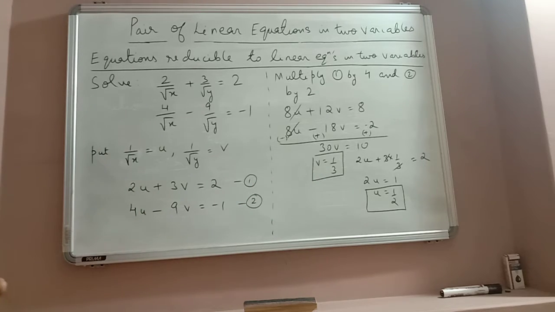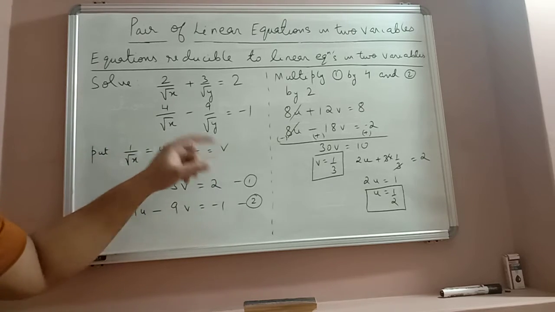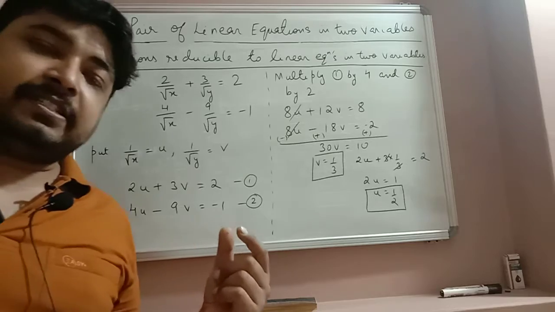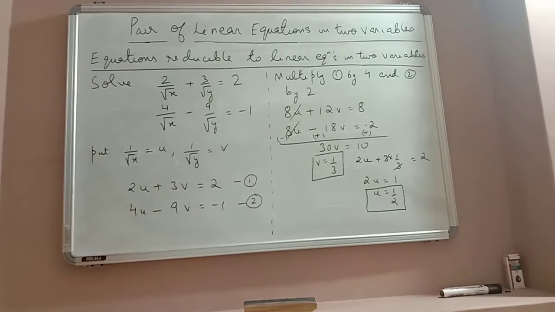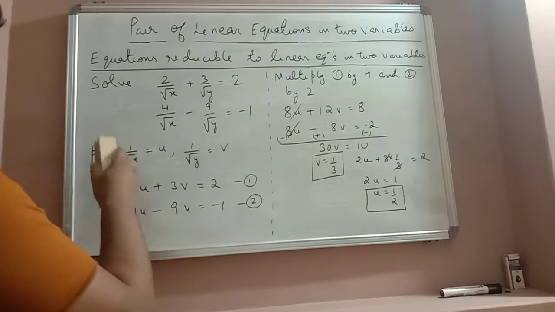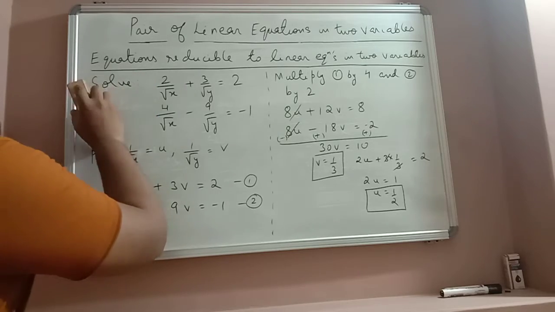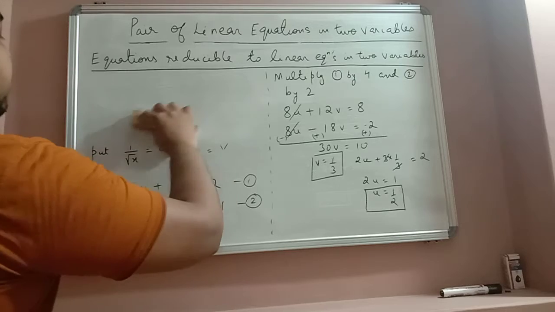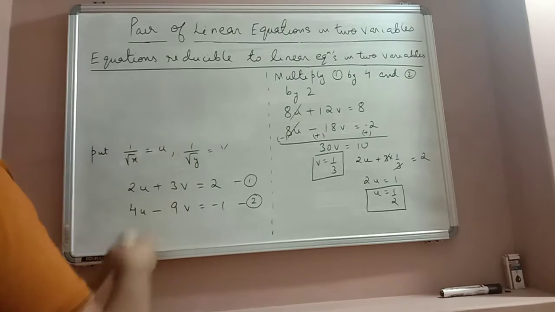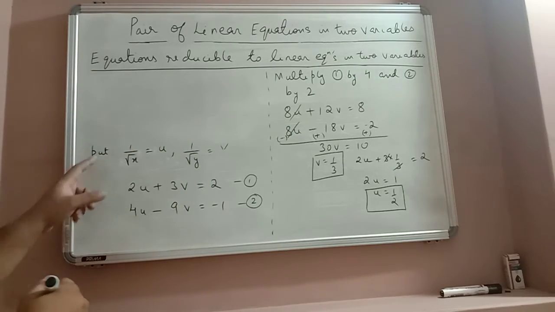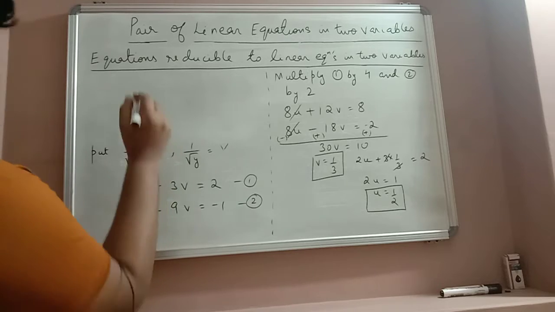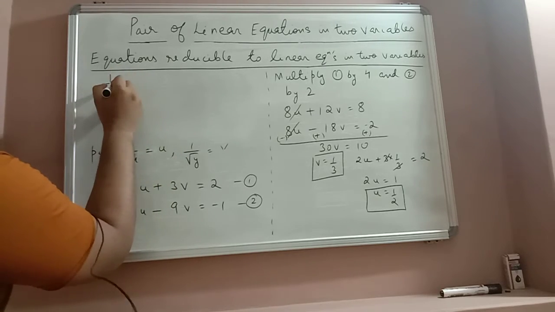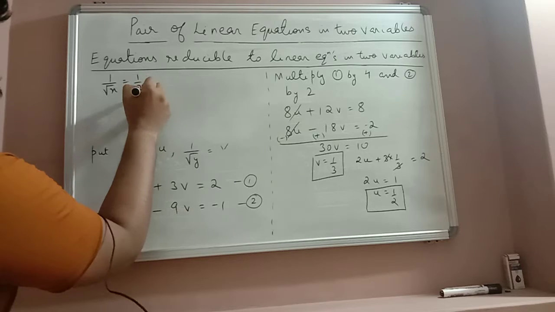Now we equate these with 1 by root x equals u and 1 by root y equals v, in order to find the values of x and y. So 1 by root x equals 1 by 2.